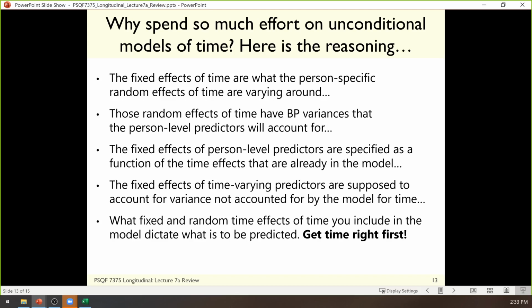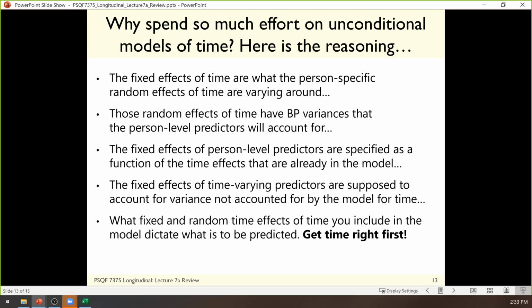So if people don't change differently, it doesn't really make sense to put in an interaction term of time with a predictor that would ask whether people change differently as a function of predictor X. If you didn't find out that they changed differently in the first place, then there's not much for that term to do. So there's a logical ordering as to what would be plausible and allowed to be tested in these cases.